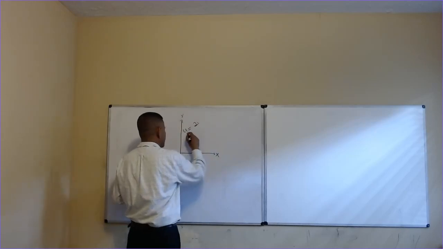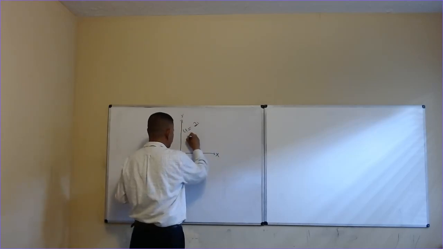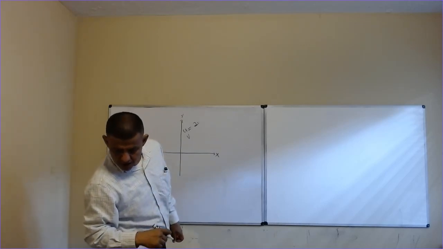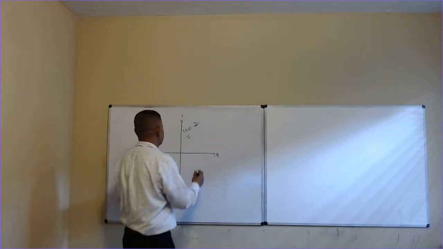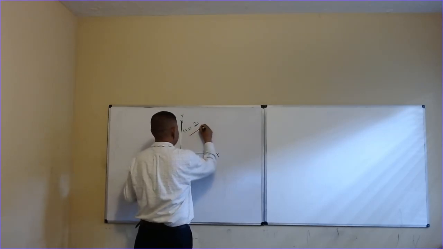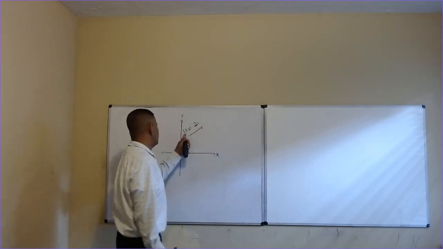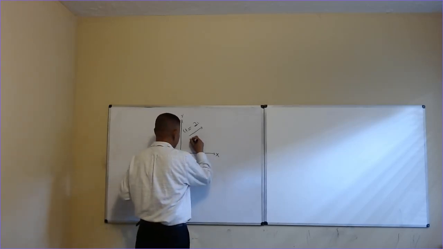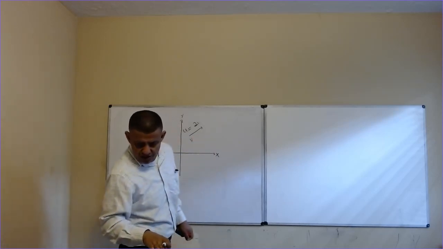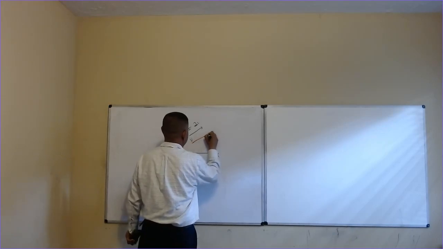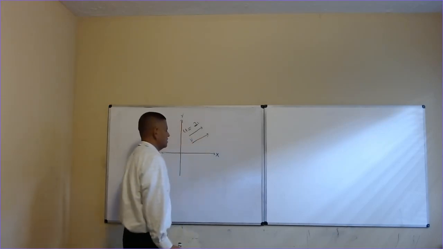And vector v is going in this direction, so let me make a little arrow going that way. So this is vector u. Vector v is going in that direction, which is technically just this line right here. So this is v.